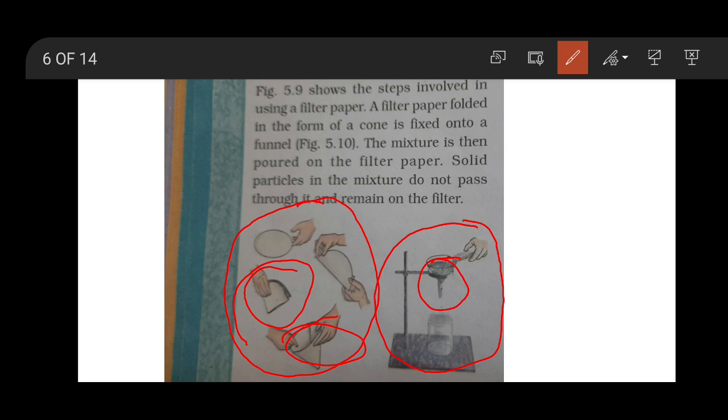The sand will remain on the filter paper and the pure water goes into the glass. Okay? The mixture is then poured on the filter paper. Solid particles in the mixture do not pass through it and remain on the filter.